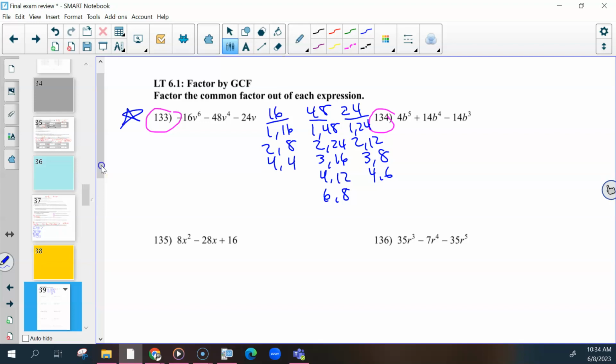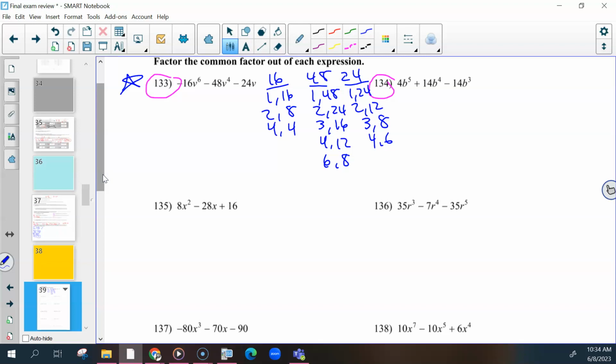Yes, that's how. Find the number they each have in common. And Elijah, what was that?